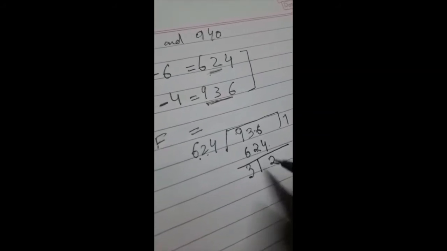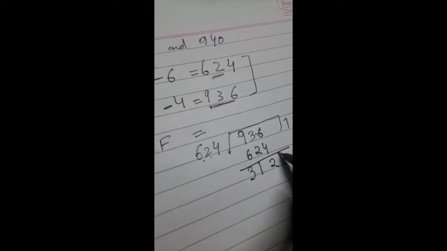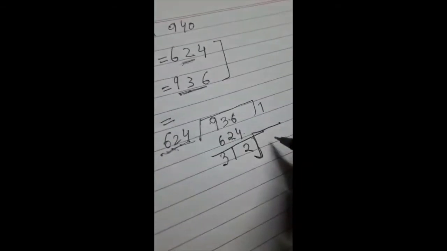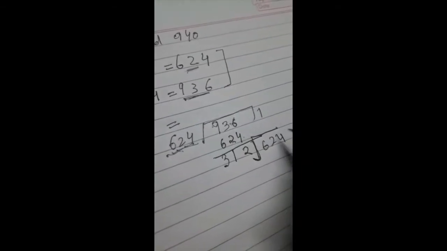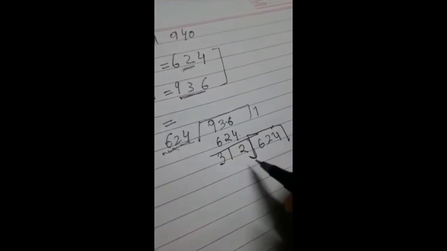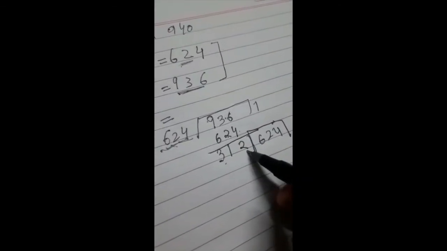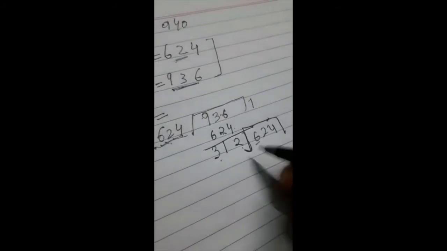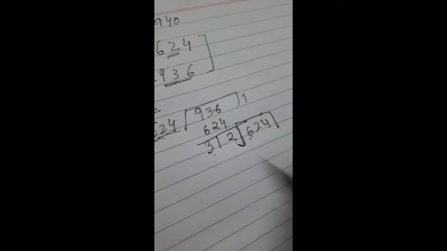In the rule of finding the HCF by the division method, the remainder becomes the divisor and the old divisor becomes the dividend. Again we multiply 312. We can multiply by 2 because 624 is a multiple of 312.